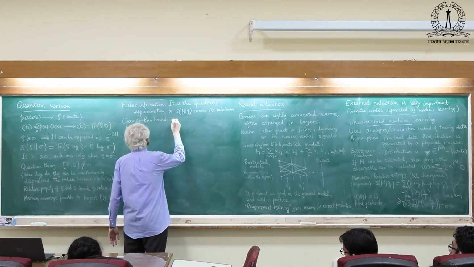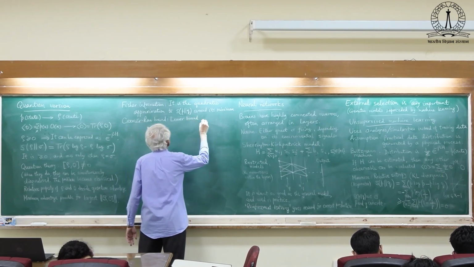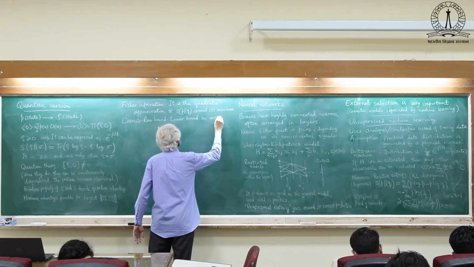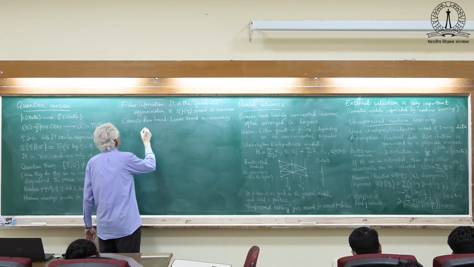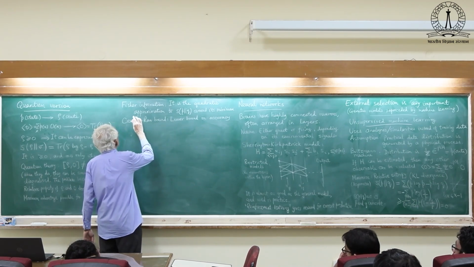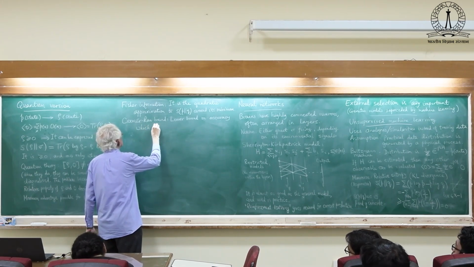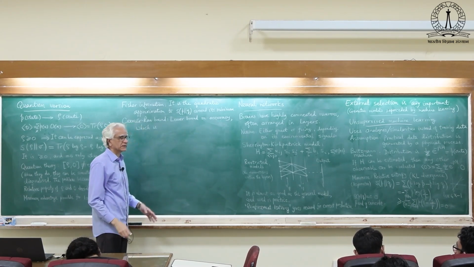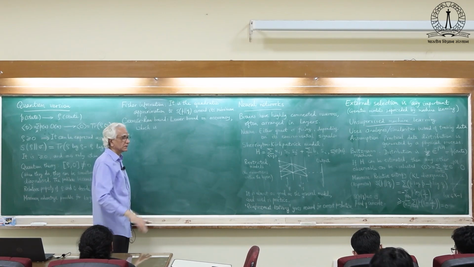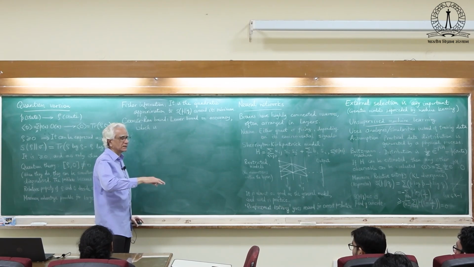It is a lower bound on accuracy, which is in the same sense as the uncertainty principle, trying to determine some variable as accurately as you can, and there is a lower limit.